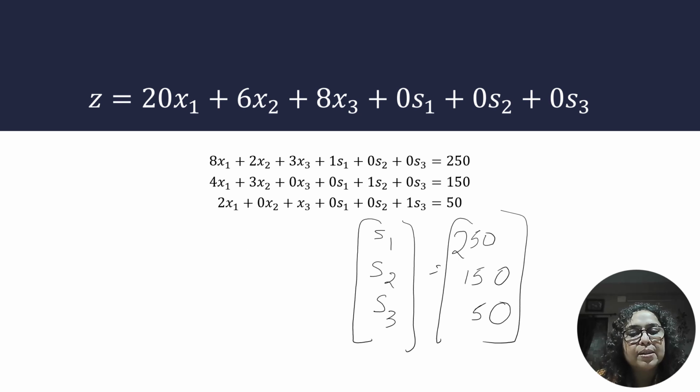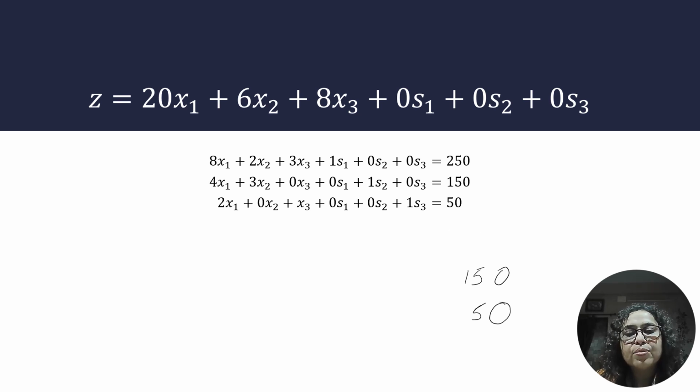If we learn simplex mechanically, we can always use software to solve linear programming problems. But why are we learning this? Because this will make us understand how we arrive at the solution for a linear programming problem.